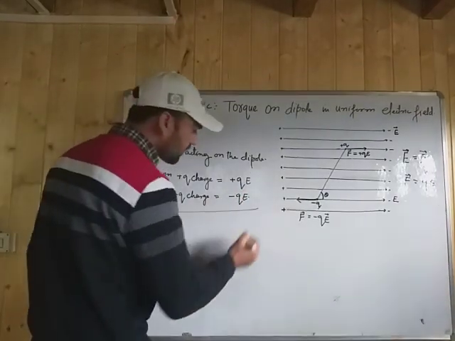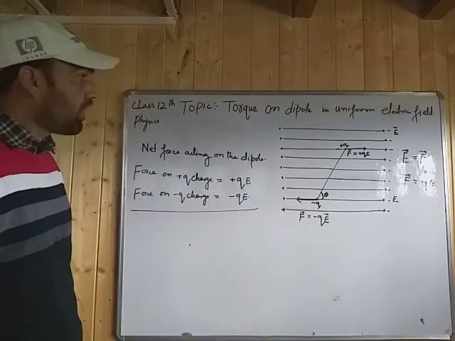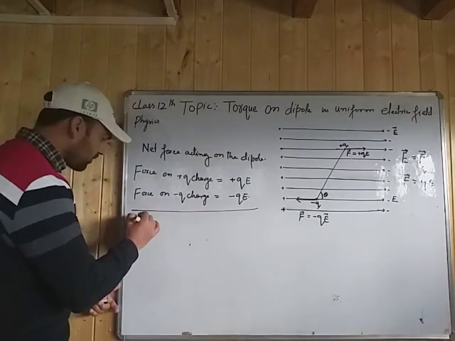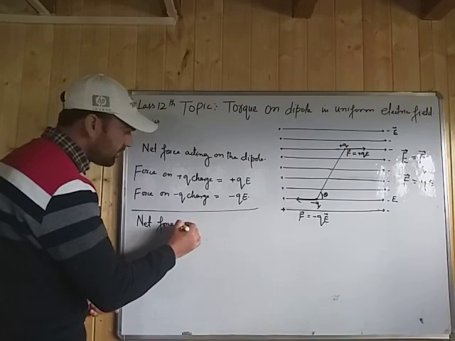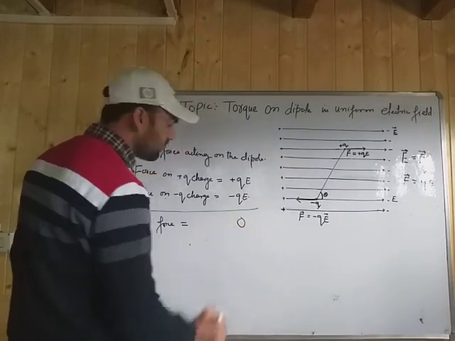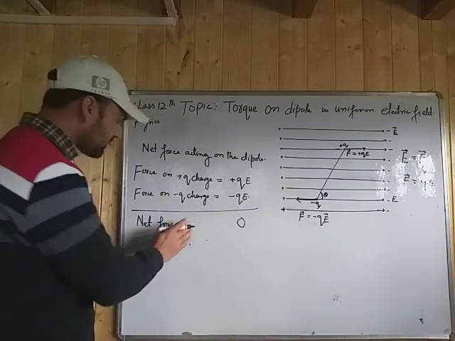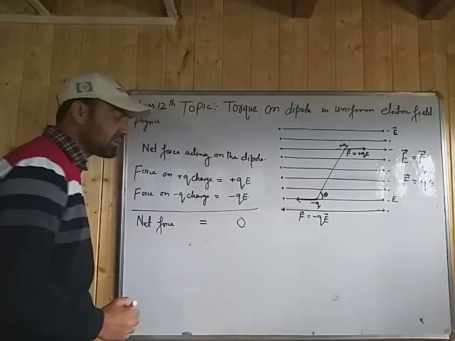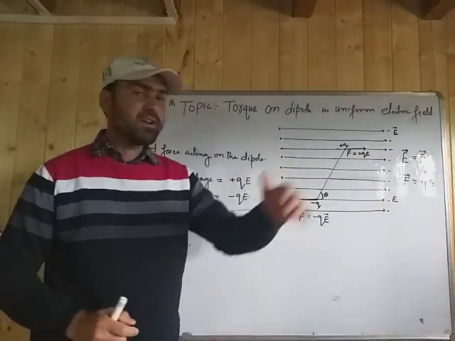Now what is the total force? Now we will see what is the total force acting on the body of the dipole. The net force will be equal to 0. When the net force is 0, that means there will be no linear motion of the body.